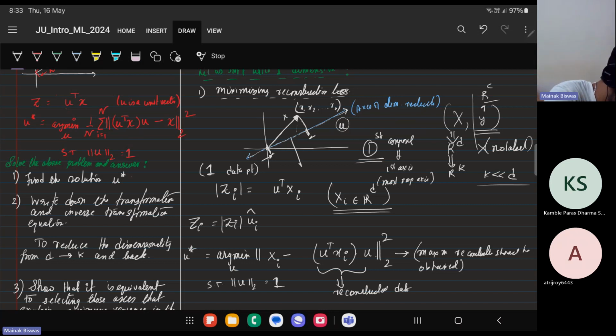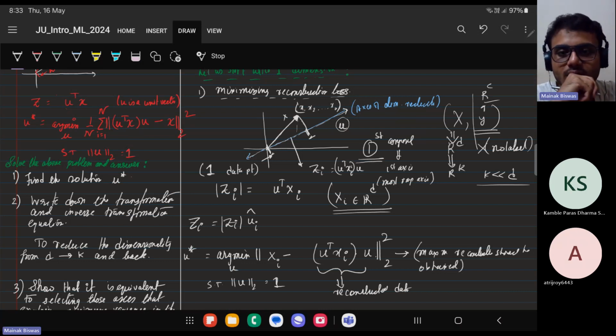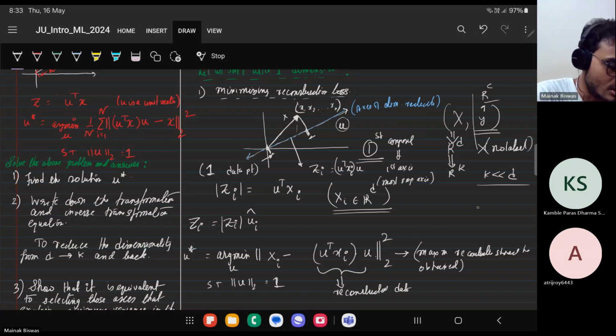Let me write this over here, vi. So zi is nothing but u transpose x into u. Yes or no? It is simply a u vector into u vector.